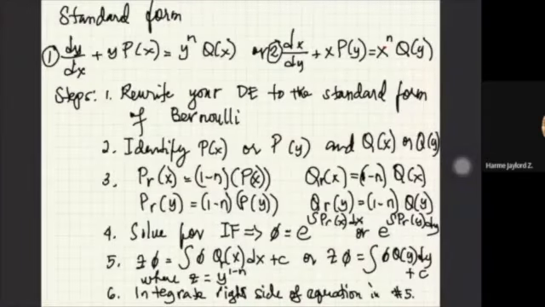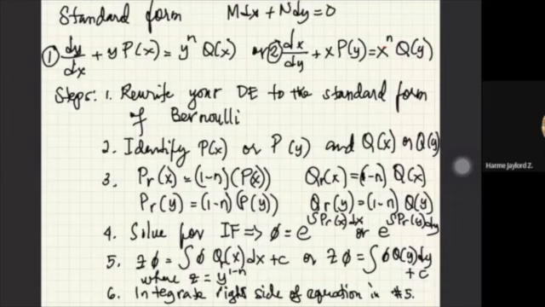Initially your DE may be in the form M dx plus N dy equals 0. And you're going to rewrite it to standard form, like what I have explained a while ago in the first-order linear DE.